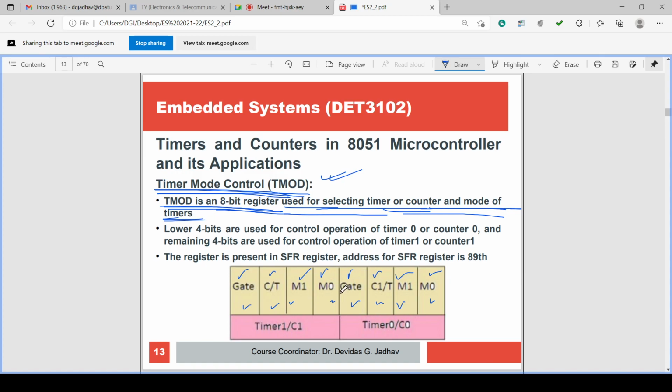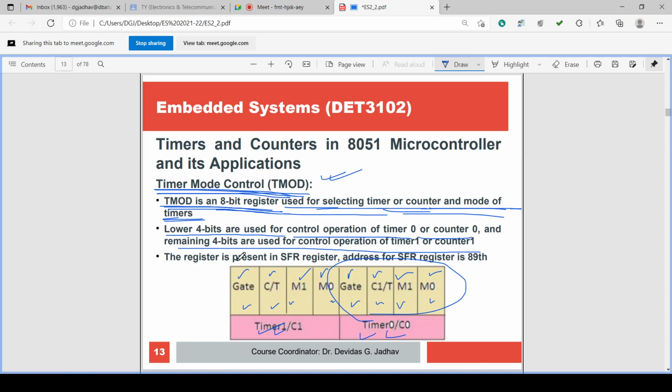M0, M1. The lower 4 bits are used for control operation of timer 0 and counter 0. The remaining 4 bits are used for control operation of timer 1 and counter 1.